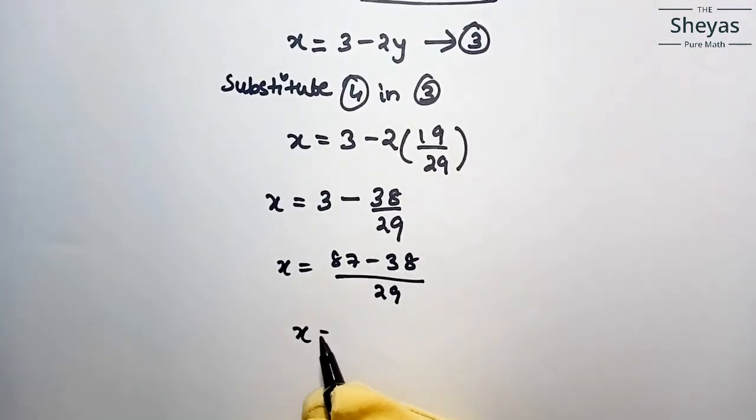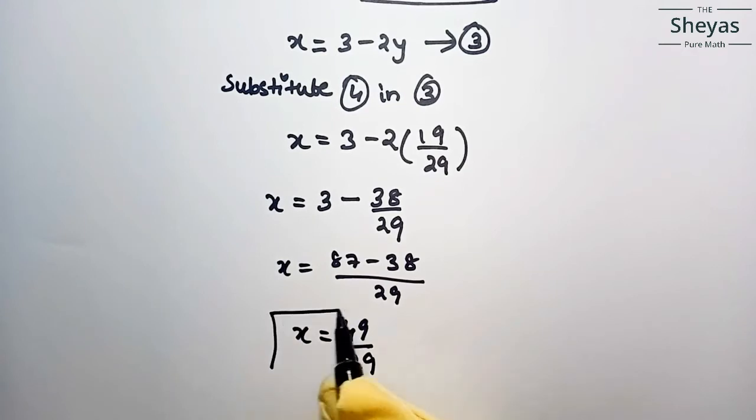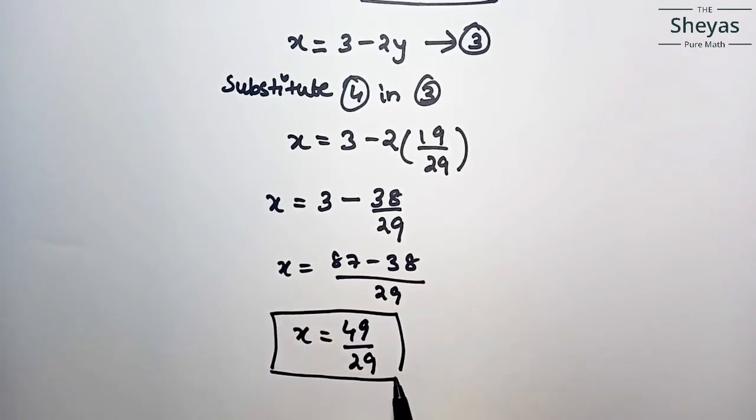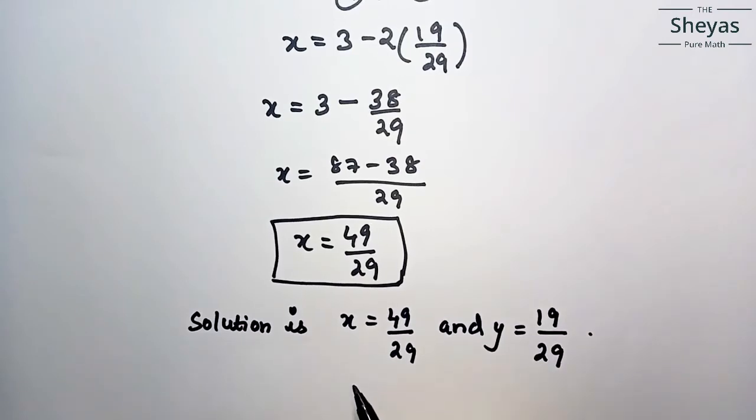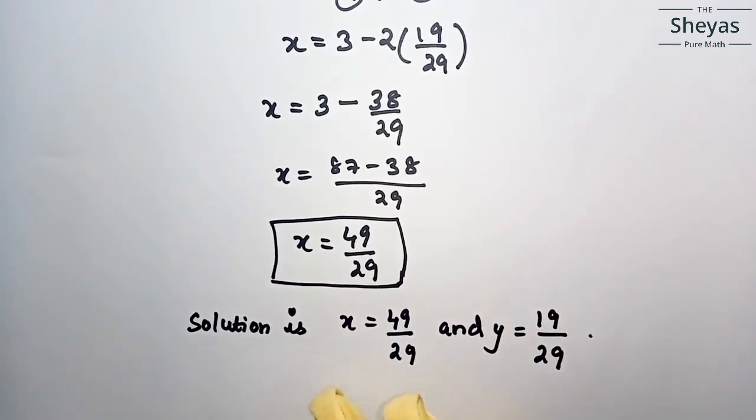Therefore, the x value is equal to 49 by 29, since 87 minus 38 is 49. Now you have got the x value also. Now the solution is x is equal to 49 by 29 and y is equal to 19 by 29. So this is the solution.